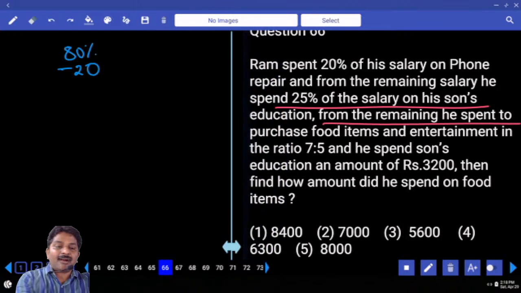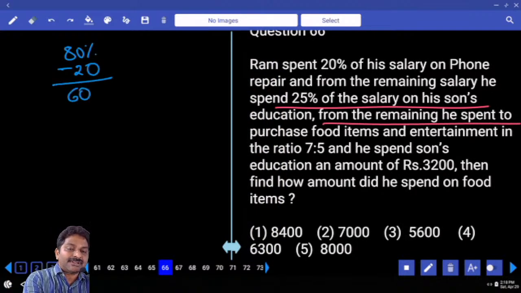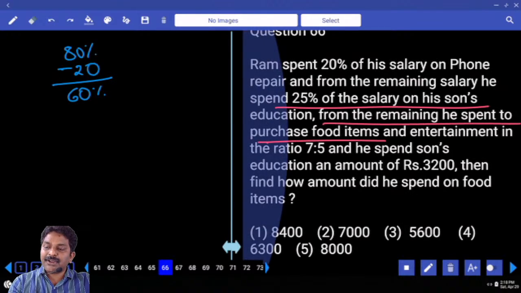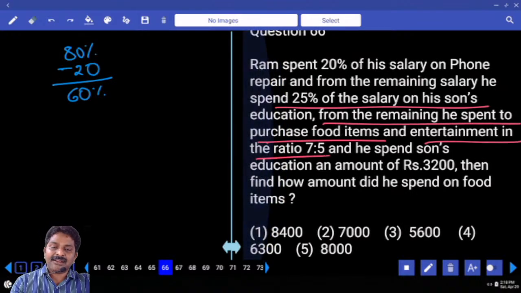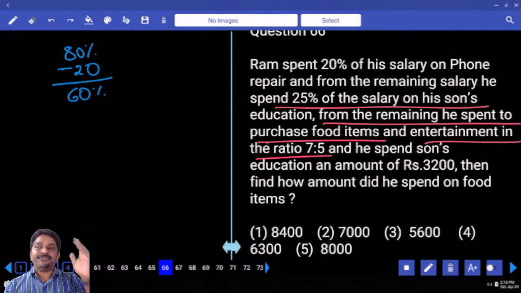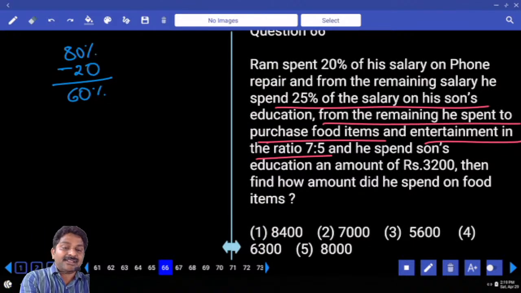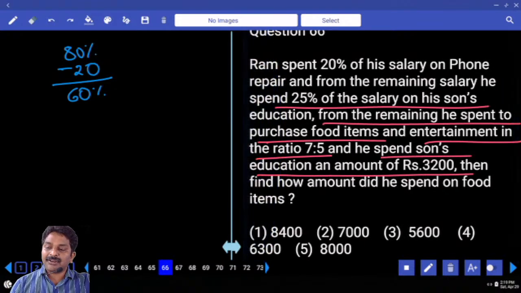From the remaining, how much is remaining now? 60. From the remaining, spent to purchase food items and the entertainment in the ratio 7:5. How many parts are there? 12 parts. That means he spent son's education an amount of 3,200.